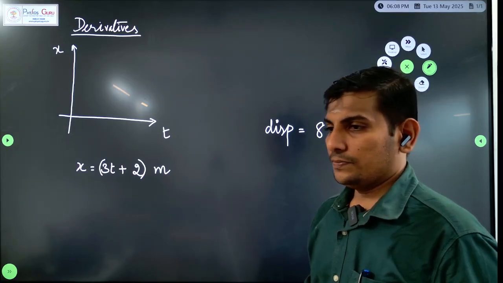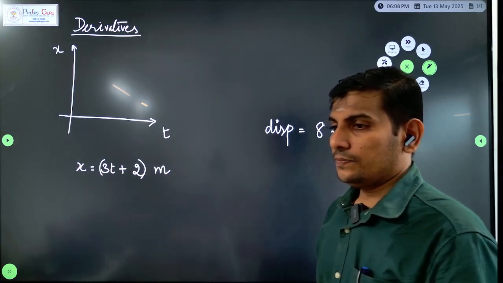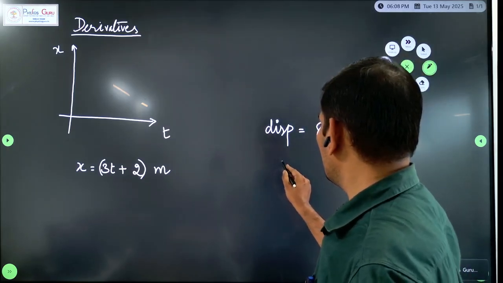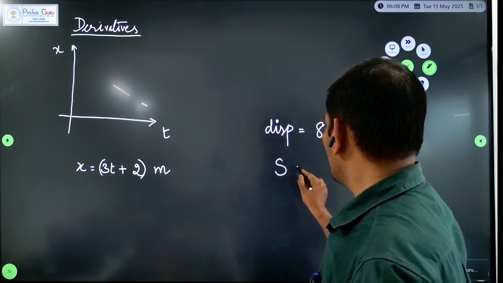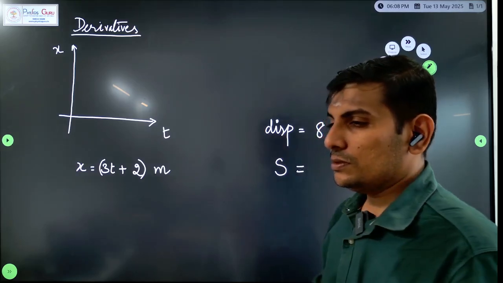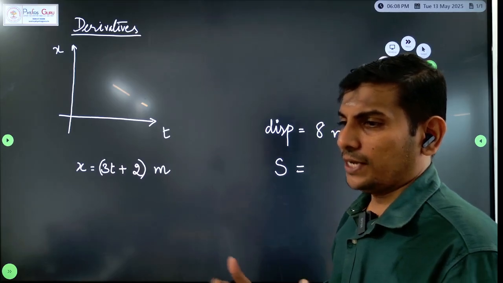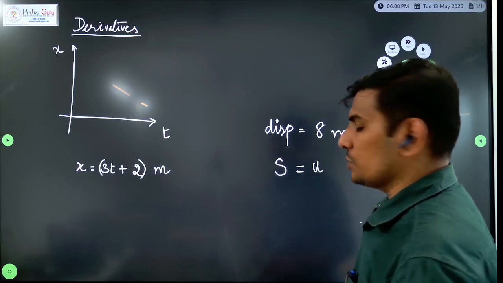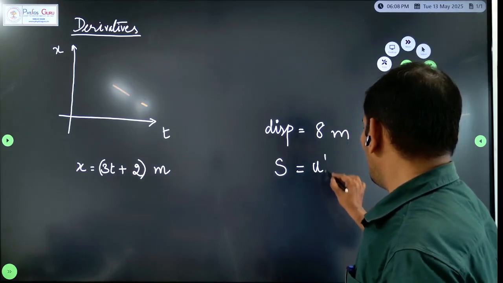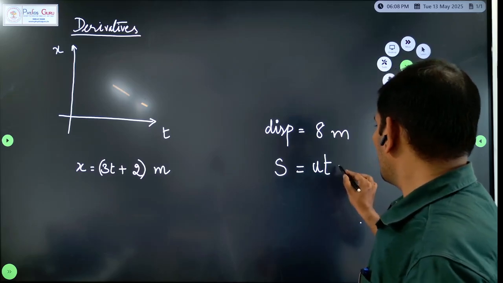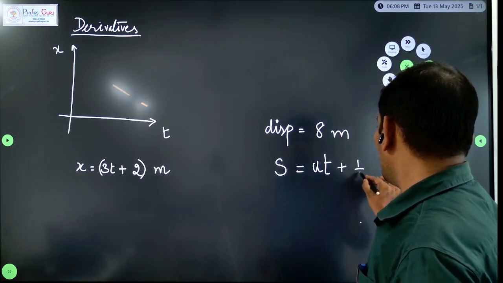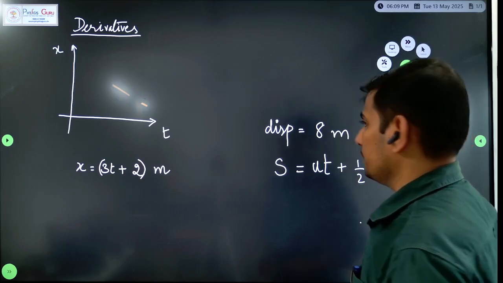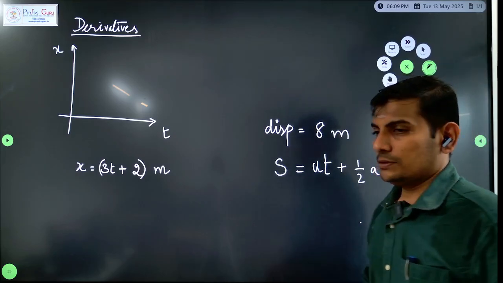Little later, when you came to your grade 9, there they gave you displacement that is subjected to change from time to time. S is equal to some initial velocity times t plus half a t squared. You might have learned this.